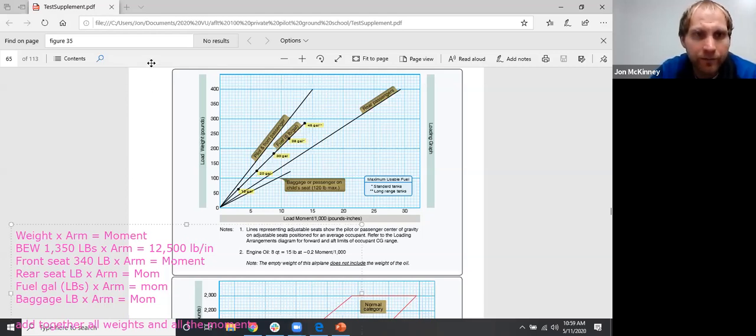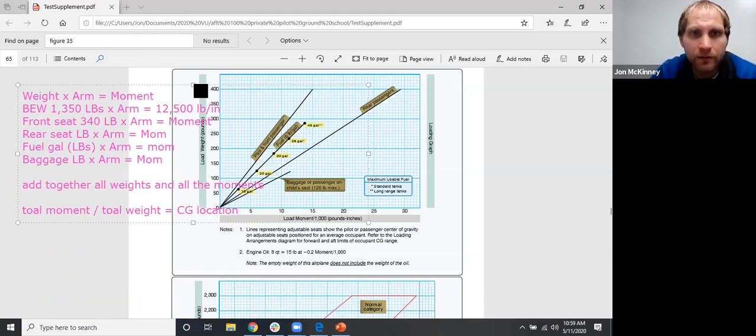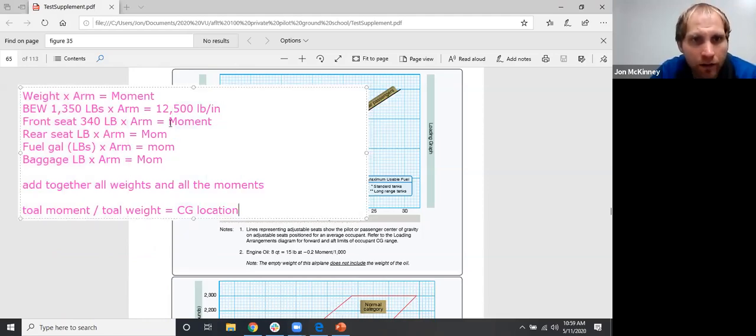Let's bring this back up here. What's supposed to happen should be right here. This is 12,500 pound inches, and that's going to be for the front seaters of 340 pounds. We did that earlier. What we don't know is the basic empty weight of the aircraft.